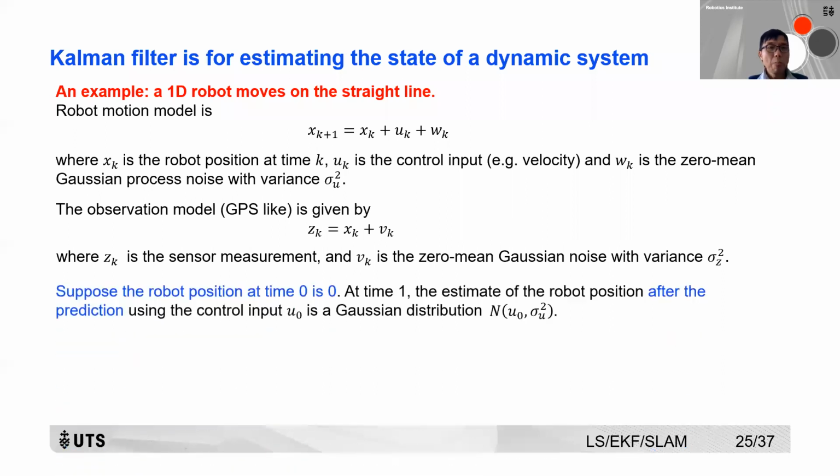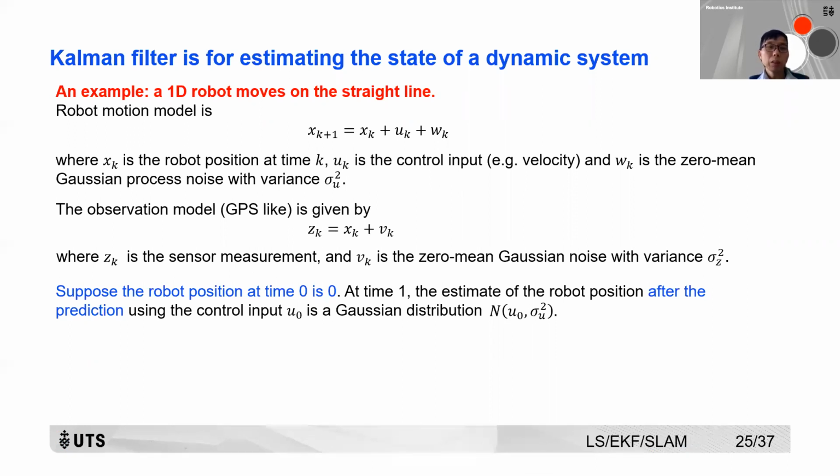Now, suppose the robot position at time 0 is 0. After moving one step, the control is u_0, and the new estimate of the robot position will have mean value u_0, and the uncertainty will be sigma_u squared.